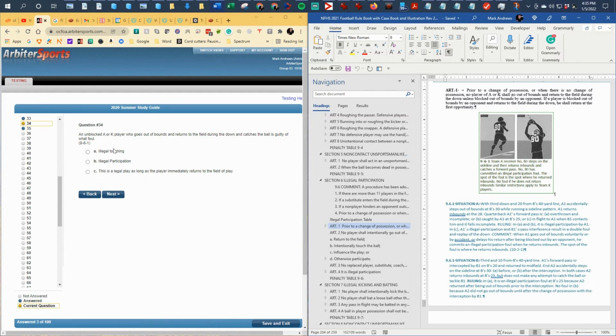Illegal touching is a 5-yard penalty and a loss of down. So by applying the wrong rule, because we do have illegal touching, but it's not this, the enforcement was wrong. The down was wrong. Pretty much everything about the enforcement was wrong.